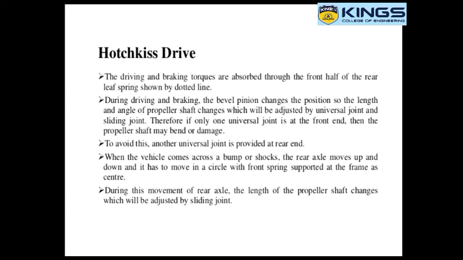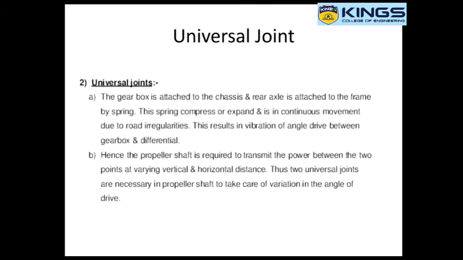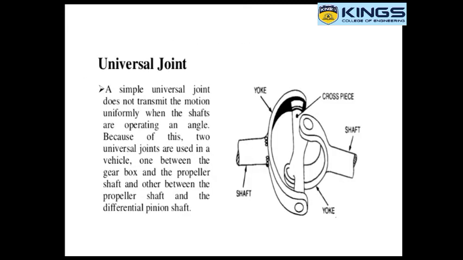Then the universal joint. The universal joint consists of two yokes joined with a cross member, which transmits the torque in angular direction. In the figure, there are two yokes connected by the cross member.